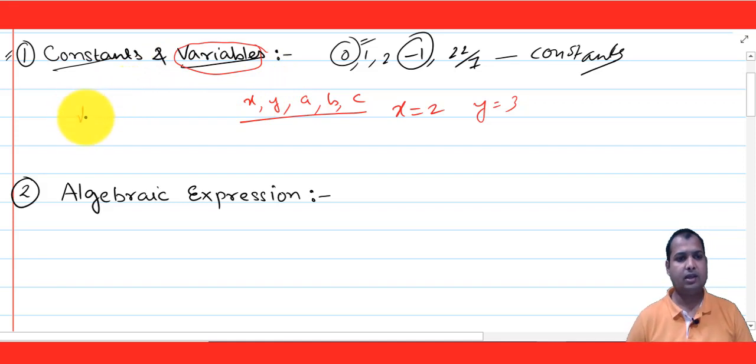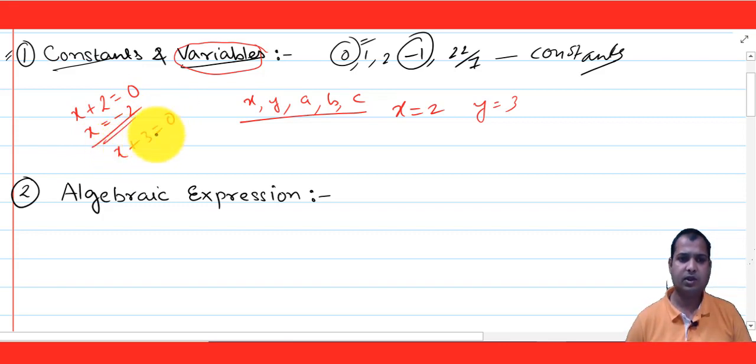Like if I write x plus 2 is equal to 0, x plus 2 equal to 0, then if you solve for x, you will get -2. That means x value over here is -2. But if I write x plus 3 is equal to 0, in that case x will become -3. Yes.